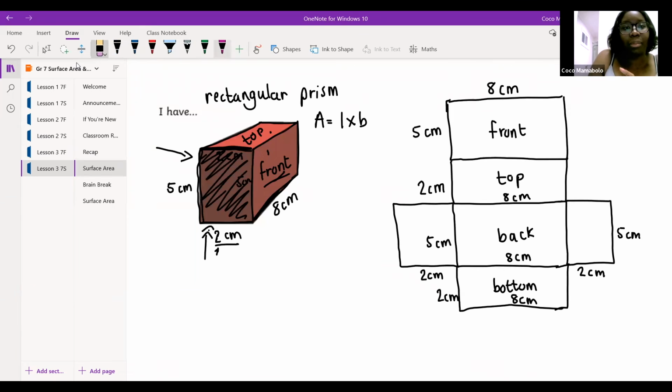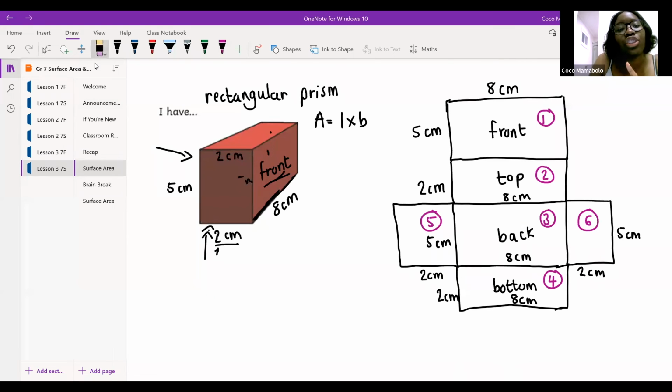Now here comes the work that we have to do. I'm going to name each of these 1, 2, 3, 4, 5, and 6. And now we have to calculate the area of each of these. I want the area of the part that I've labeled 1. Do you see it? Yes, ma'am.